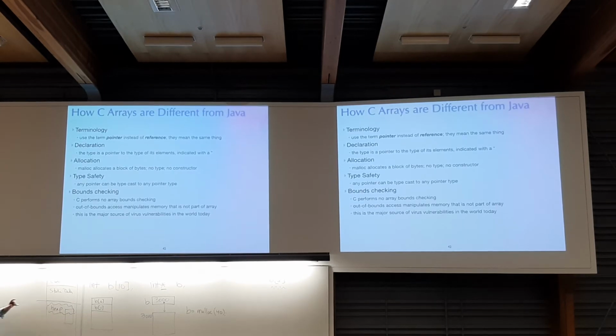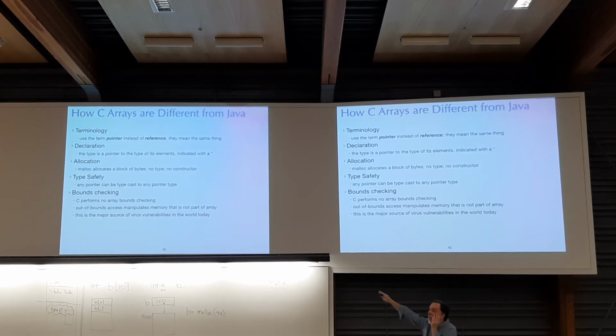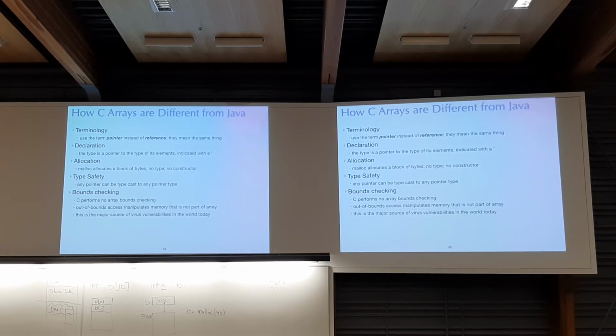Here's the slide that compares different things about arrays in Java. First of all, I said this last time, pointers are just references. So in C, almost every variable is a reference. Every time you say class app in Java, well, that's the variable app that points to an object.